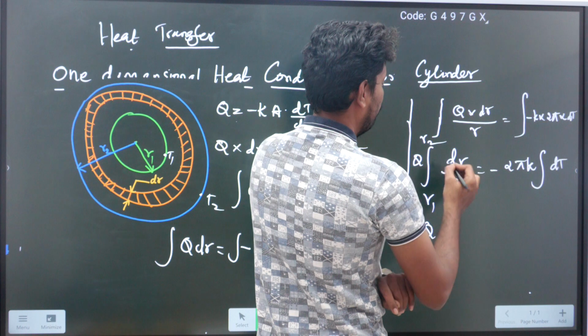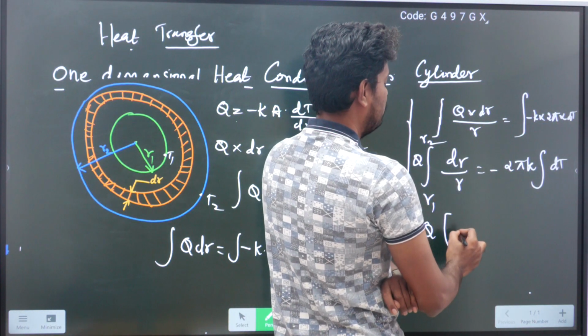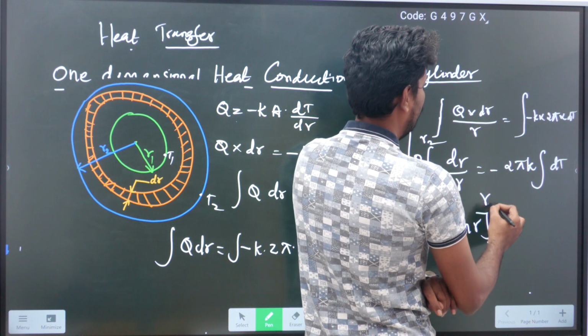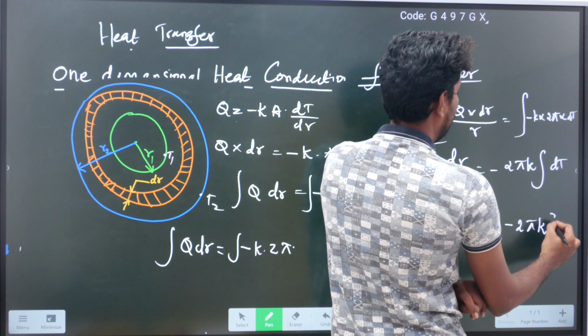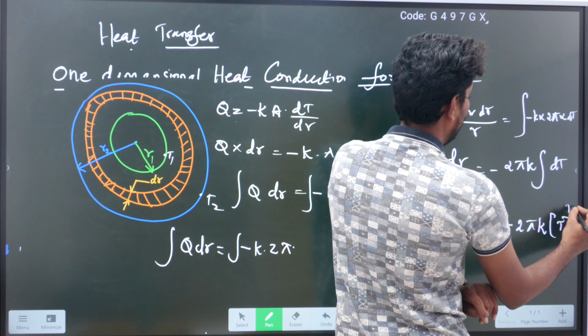So Q into, this is in the form of 1 by r, and if we integrate 1 by r, that is ln of r, between r1 and r2, equal to minus 2 pi K. If we integrate dT, this becomes T, from T1 to T2.